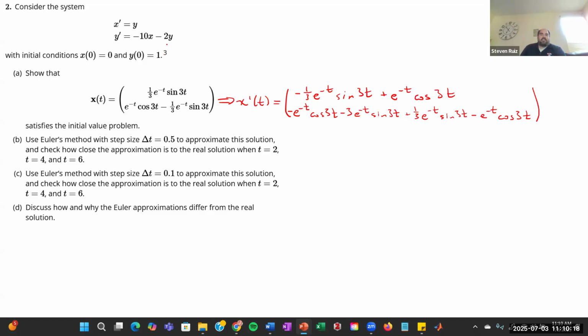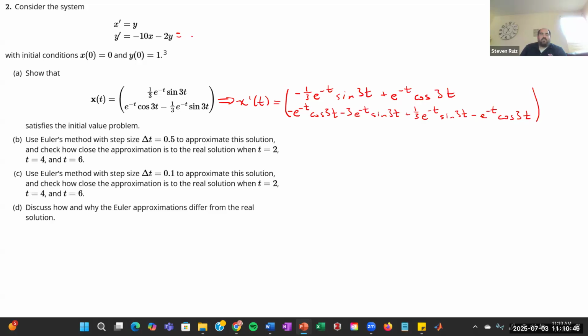So does x prime look like y? That should be easy to check. y is e to the negative t cosine 3t minus 1/3 e to the negative t sine 3t. Those look identical. I have the terms flipped, but they're fine. y prime equals negative 10x minus 2y. Okay, let's find minus 10x.